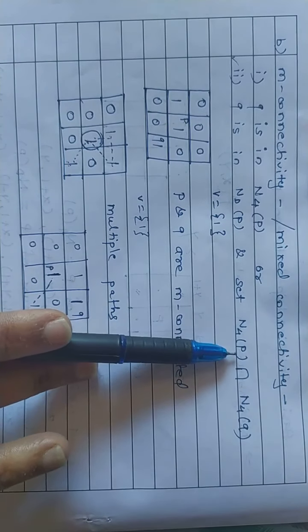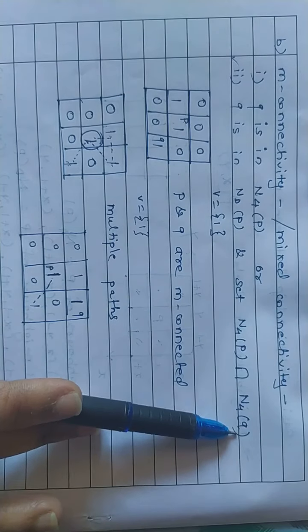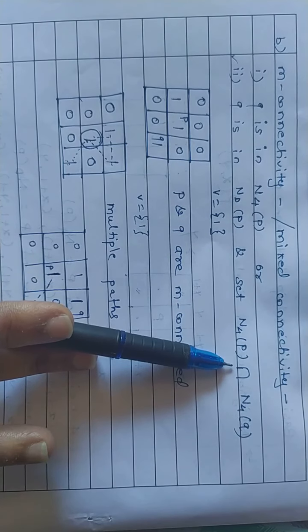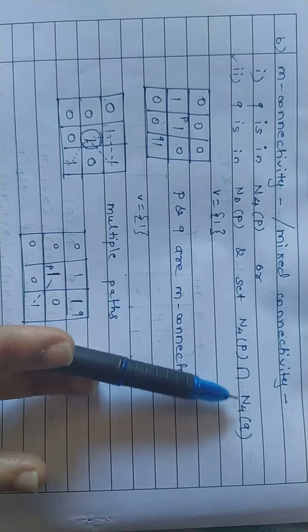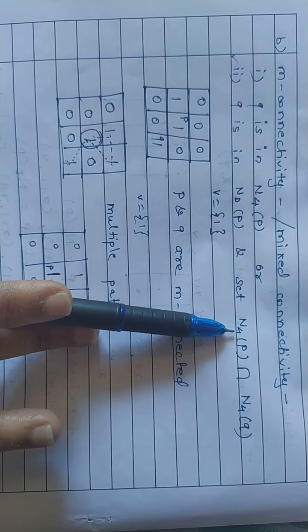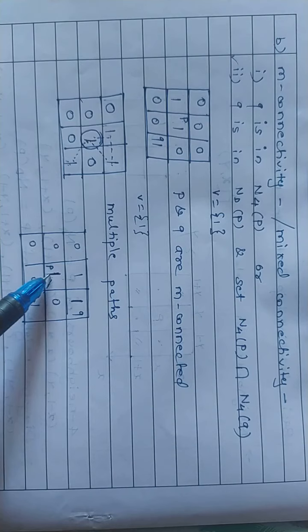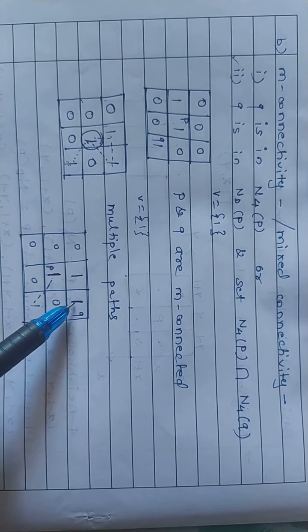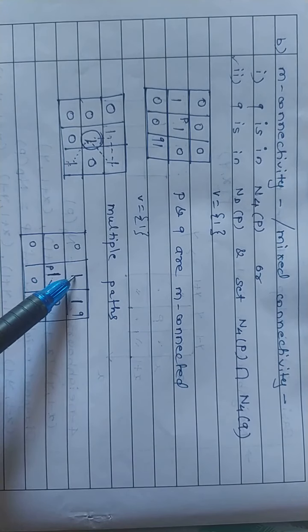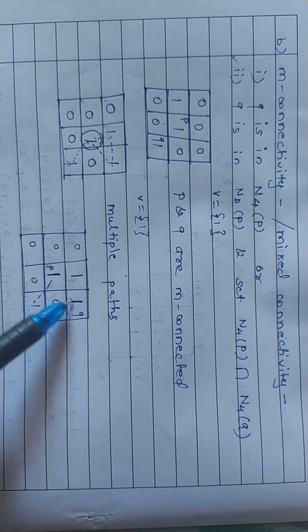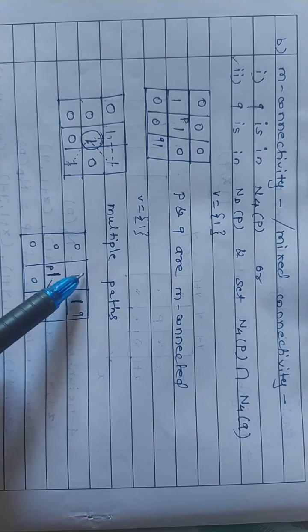And set N4(P) and set N4(Q) should have no common pixels, meaning this set should not have any common pixel. So N4(P) has this pixel and N4(Q) has this pixel, meaning these two pixels are the common 4 neighbor.